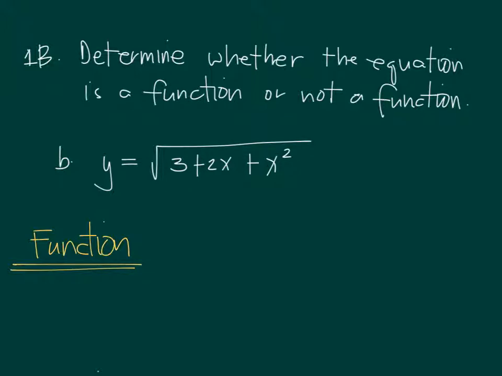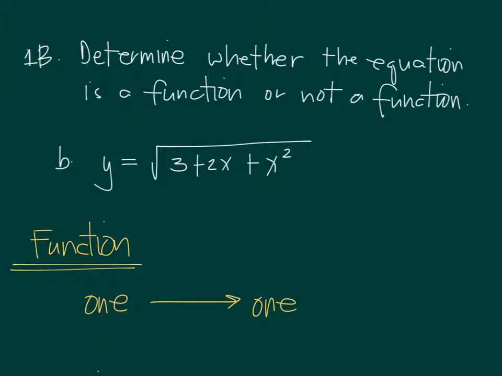The rule is one element coming from the first set should always be paired up to a single element on the second set. So the relationship is 1 to 1.